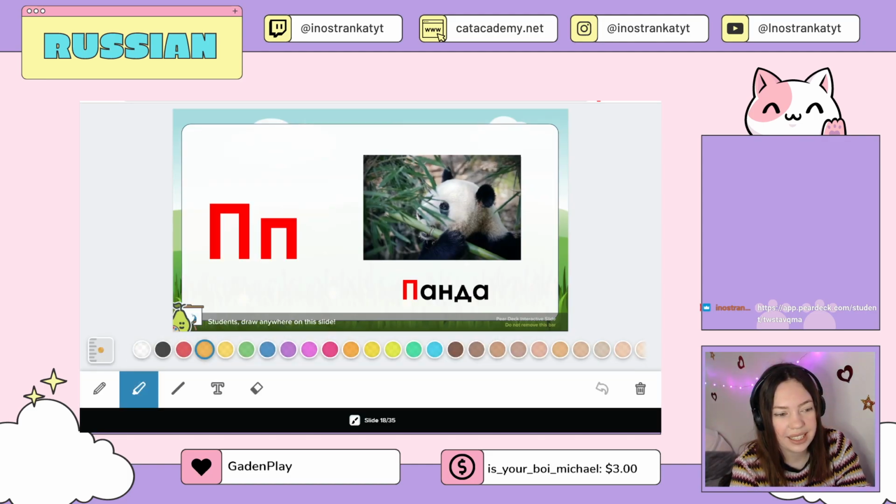Next one is kind of easy to guess, but again, this letter is kind of new because it looks different. This wonderful, beautiful animal is called panda.